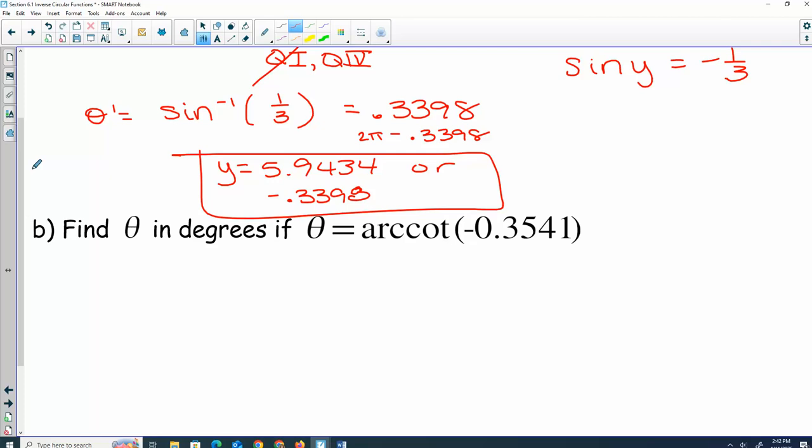Okay. Yes. We did the sine inverse, so second sine. You're in degree mode.